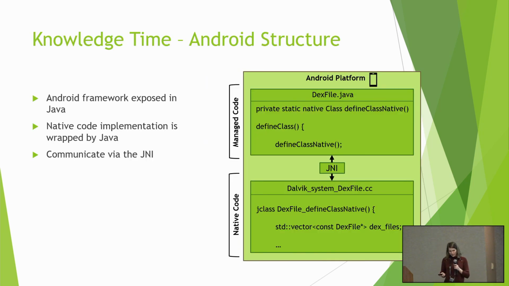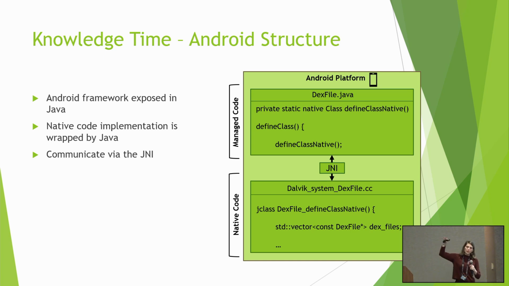So let's just dive into some background knowledge that you'll need in order to actually begin your manipulation of the Android runtime. First of all, you need to understand some of the structure of the Android framework. We're going to end up diving into the source code of Android itself so that we can understand how to instrument this. The Android framework, if you're an application developer, is going to be primarily written in Java.